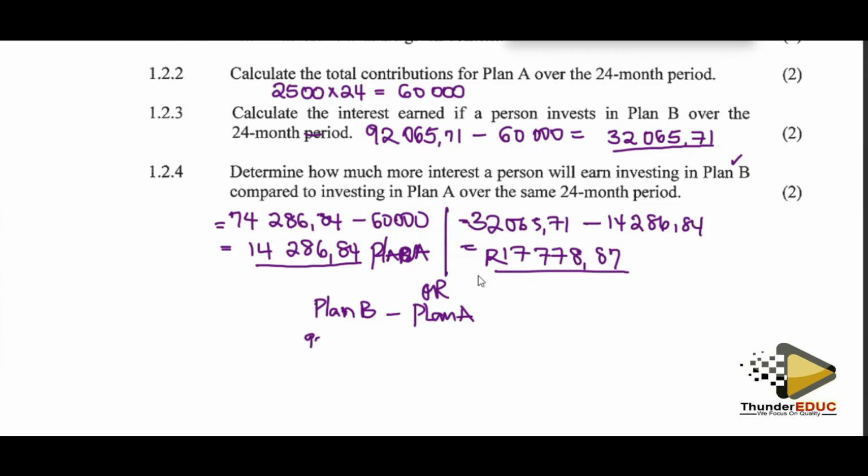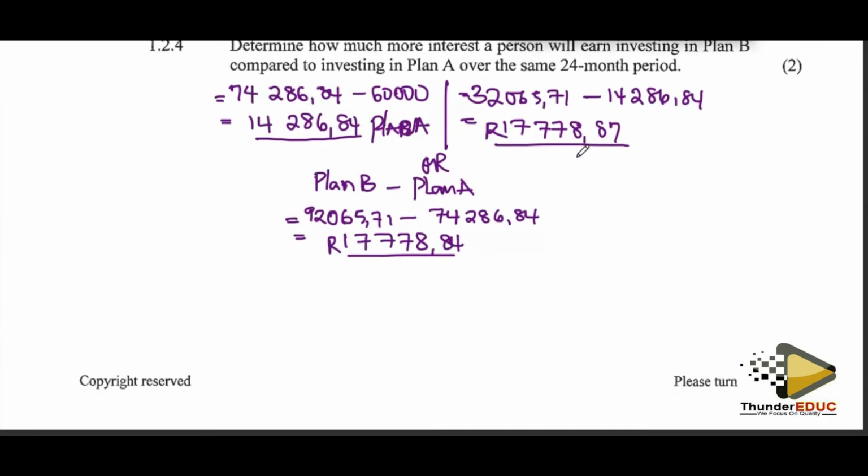Plan B's total amount is 92,065 rands 71 cents minus the 74,286.17,778.84 rands. That's how much more we shall have for interest. You pick whichever is easiest.